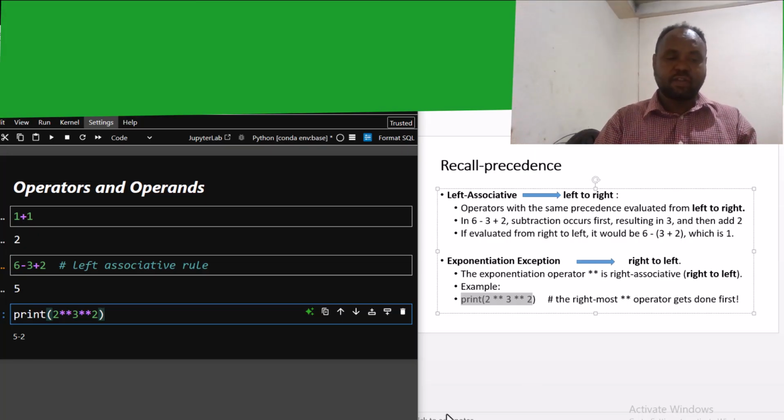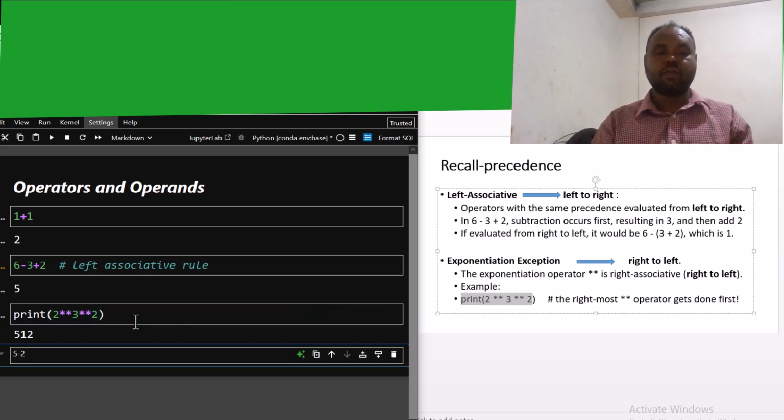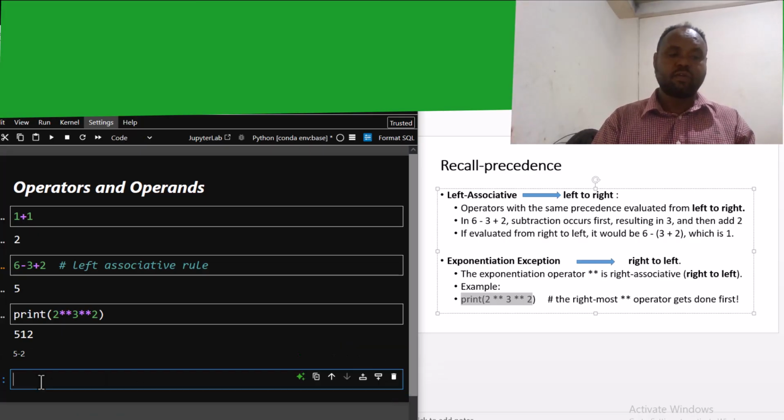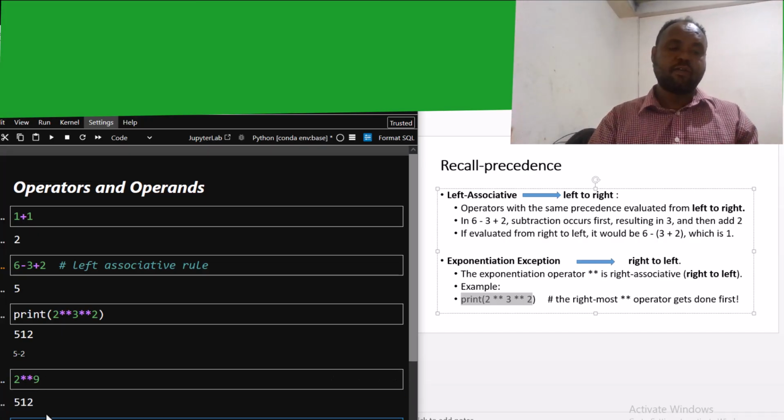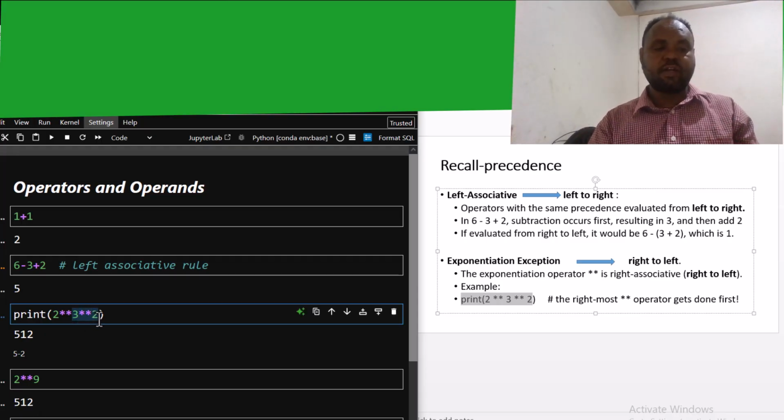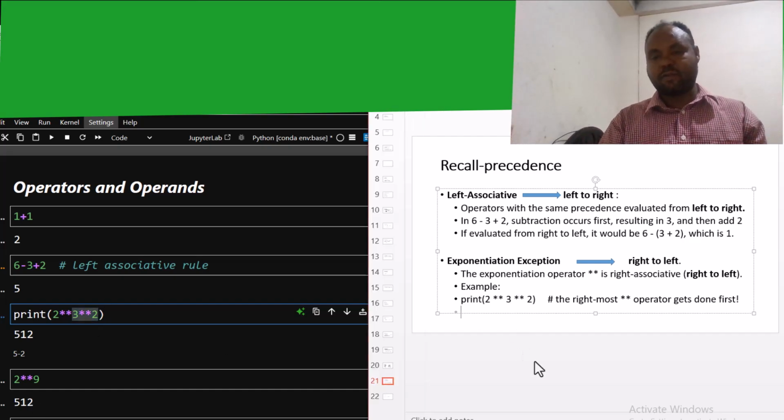First we evaluate the rightmost, then we evaluate the next, meaning that this one becomes 2 exponentiated to 9, which is 512. 3 exponentiated to 2 is 9. 2 to the power of 9 is this one, right?